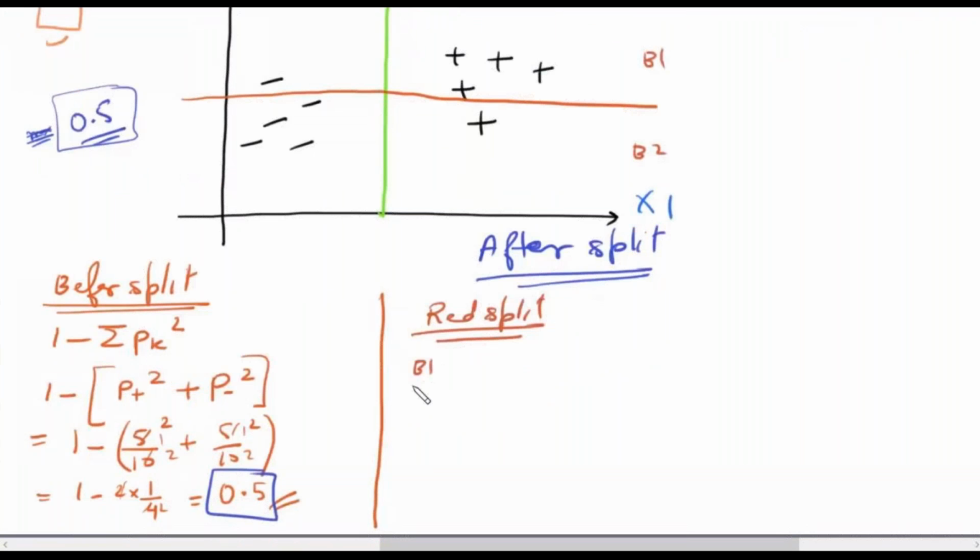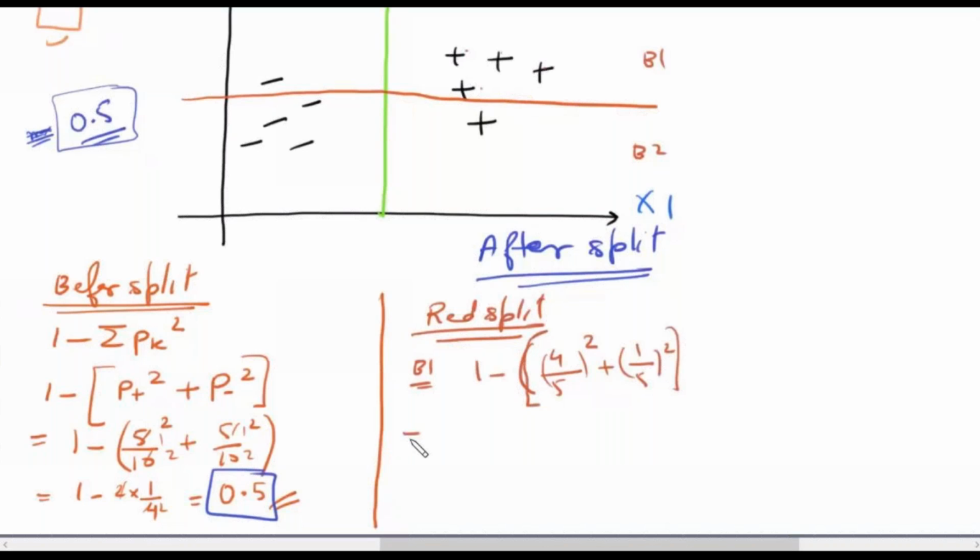It is 1 minus the proportion of plus in bucket 1. How many pluses do I have? 1, 2, 3, 4. I have 4 plus in bucket 1, and in total I have 5. So 4 by 5 whole square plus I have 1 minus, so 1 by 5 whole square.